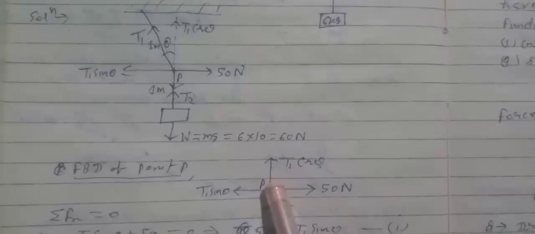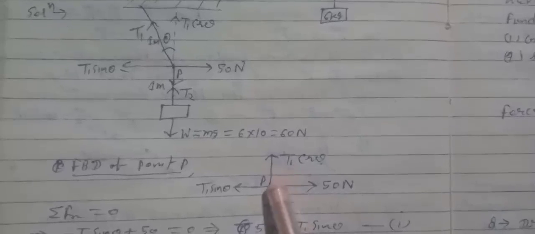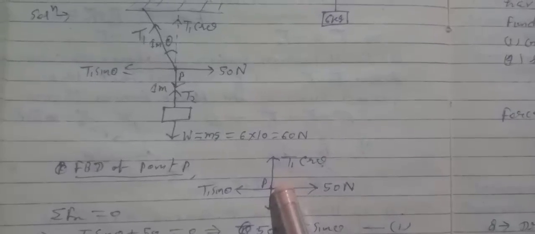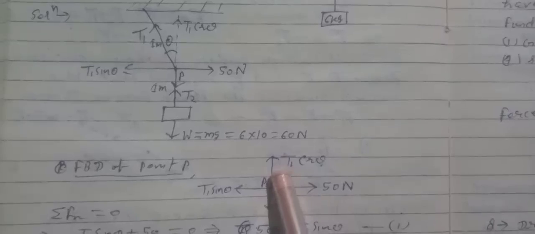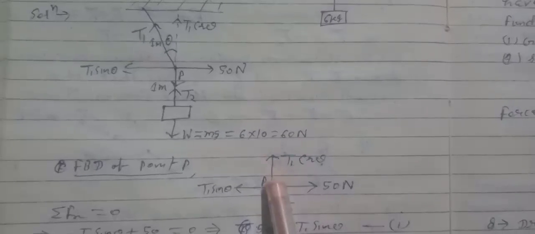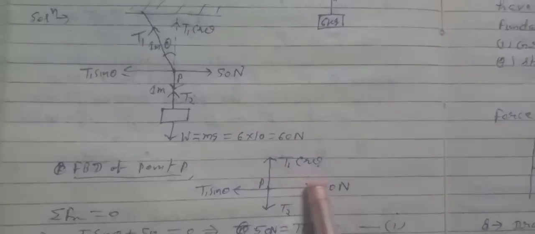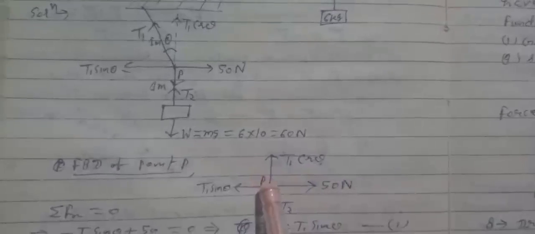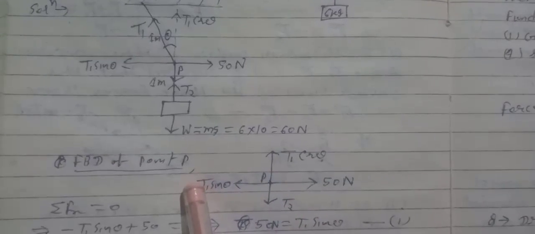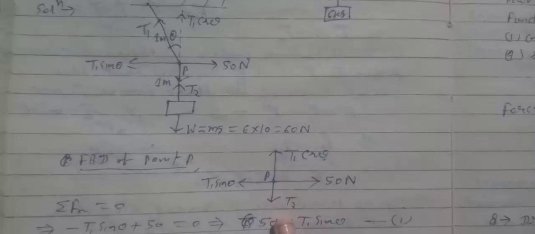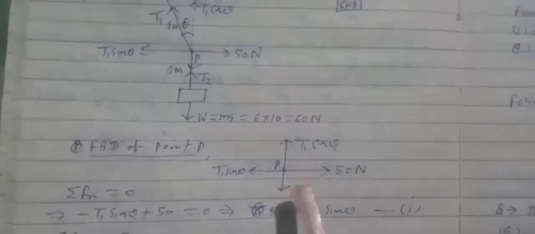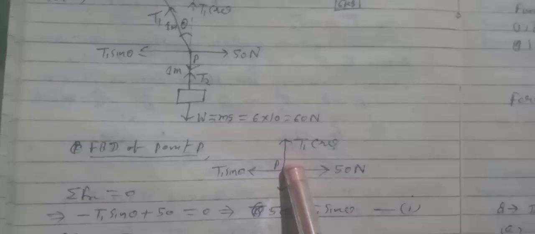Here the FBD of point P is shown. On this point, T1 cos theta is acting in this direction, the 50 Newton force is acting in this direction, T1 sin theta is acting in this direction, and T2 is acting in this direction. Now the point P is in equilibrium.